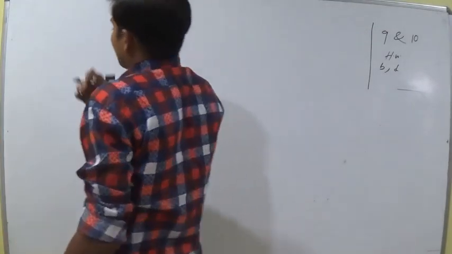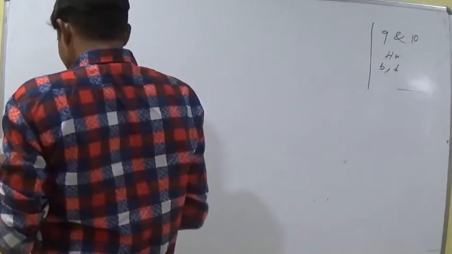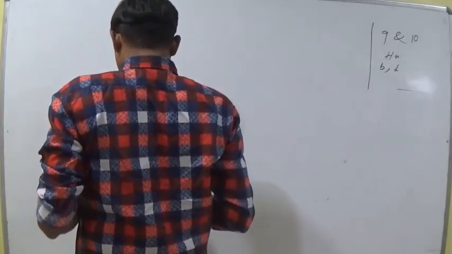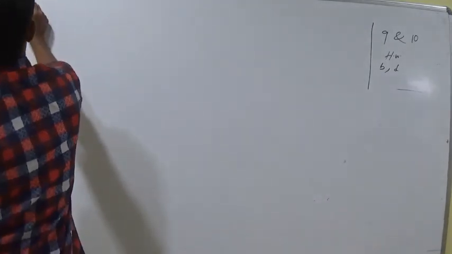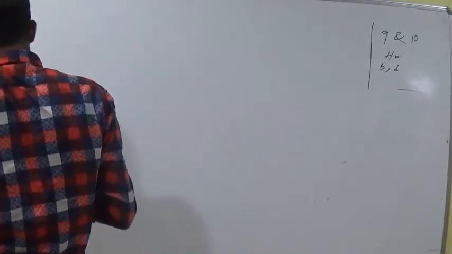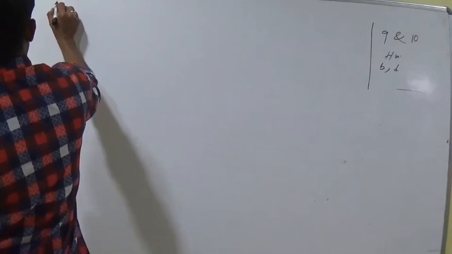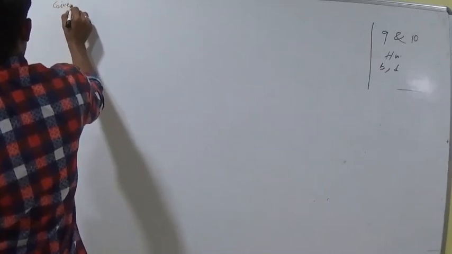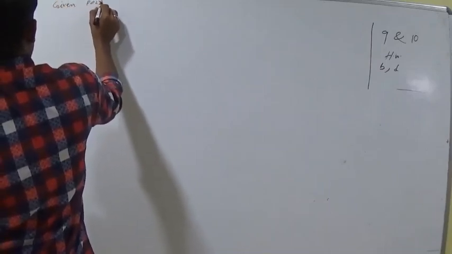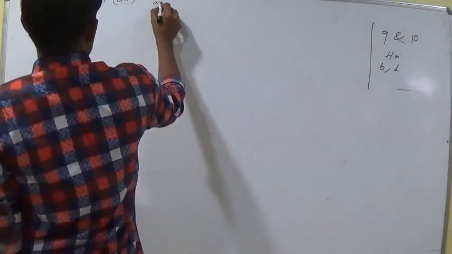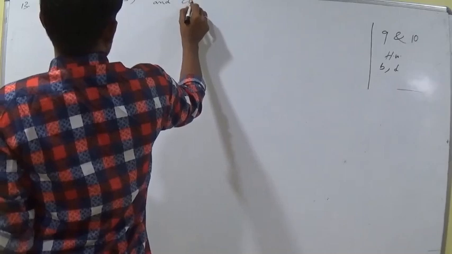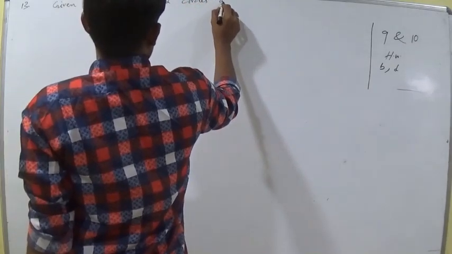Now the 13th one. The 13th is a point given, the point (0, 5), and two circles.